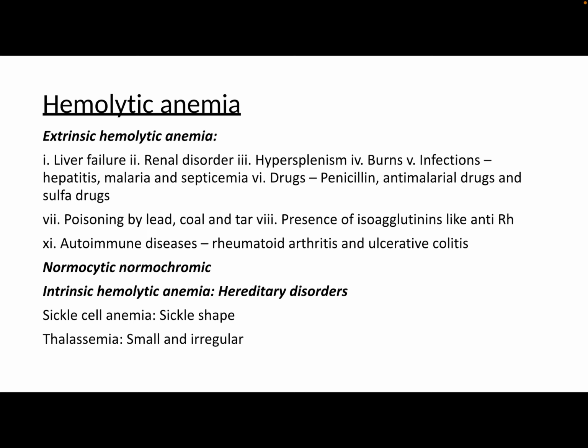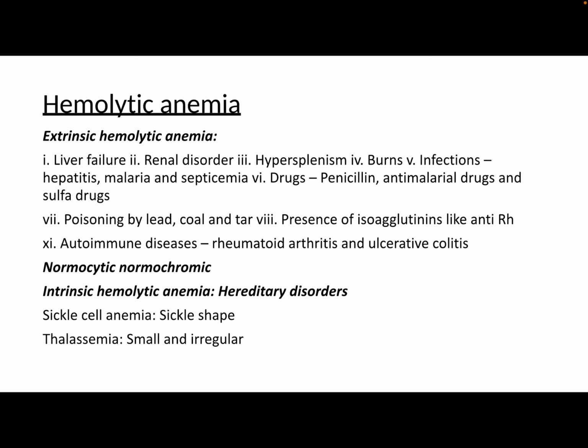Extrinsic hemolytic anemias are caused by liver failure, renal disorders, hypersplenism, burns, infections, poisoning, and autoimmune diseases, and the cells will be normocytic and normochromic. Intrinsic hemolytic anemia is mainly due to hereditary disorders, they are sickle cell anemia and thalassemias.